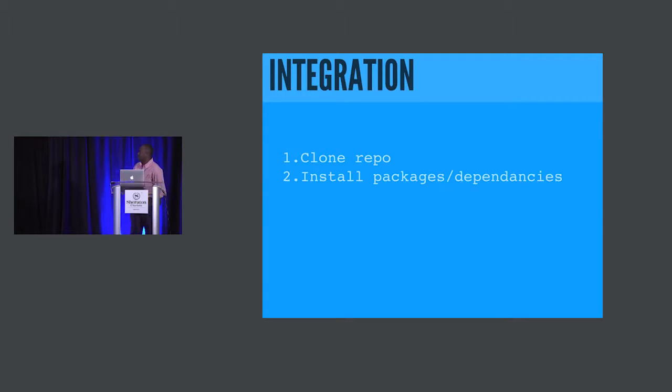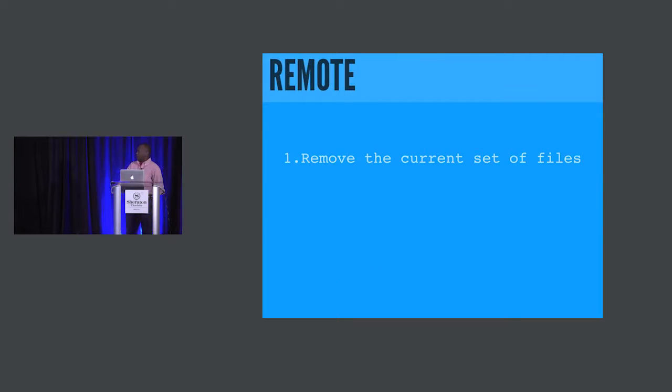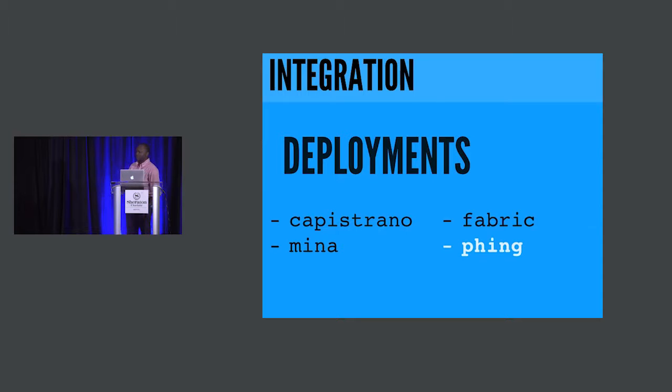Clone a repository, install the packages, set up the environment, bump the version, archive the project, copy the package over to production, and when you're done, remove the current set of files, unpack the package. There's a different variation of how this is commonly done. Warm up the cache, restart the old web server, and you're done.